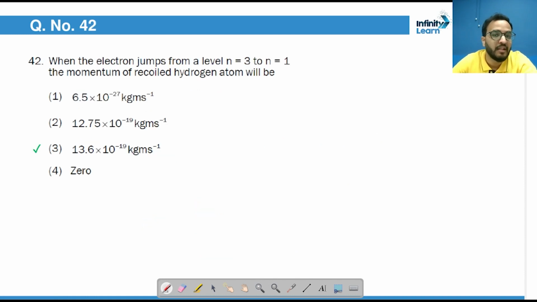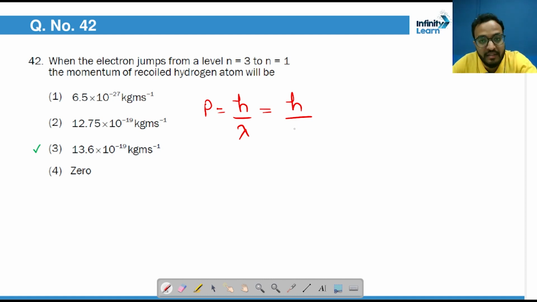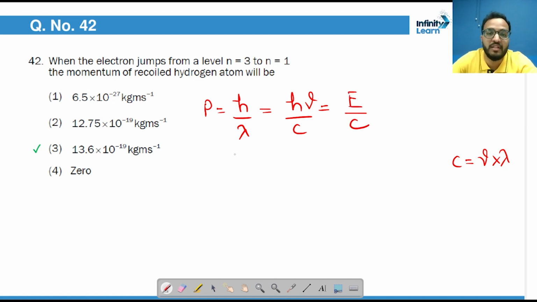Got it? Now the momentum of the, see what is momentum? P is equals to H by lambda. What is lambda? See, we know that C is equals to frequency into lambda. What is lambda? C by frequency. So it is C by H nu. What is H nu? H nu is energy. Energy upon C. So what is the formula for momentum?